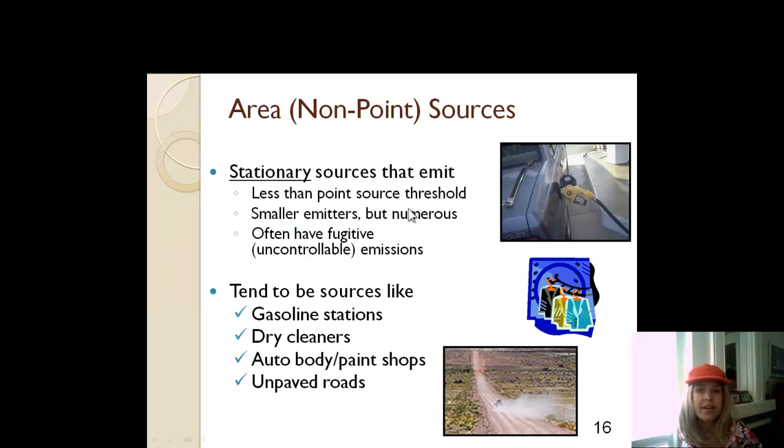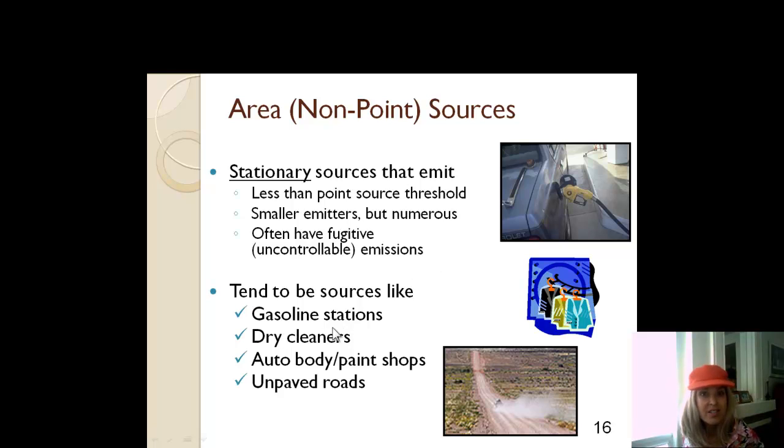Non-point sources, again, less than the point source threshold, so they tend to be smaller emitters, but they can be numerous. Many intersections have a gas station on all four corners, for example, and they often have these uncontrollable fugitive emissions. And I think everybody's familiar with the different kinds of experiments that EPA has imposed upon gas stations in terms of catching the gas that comes out as vapor, and that would be an example of a fugitive emission.